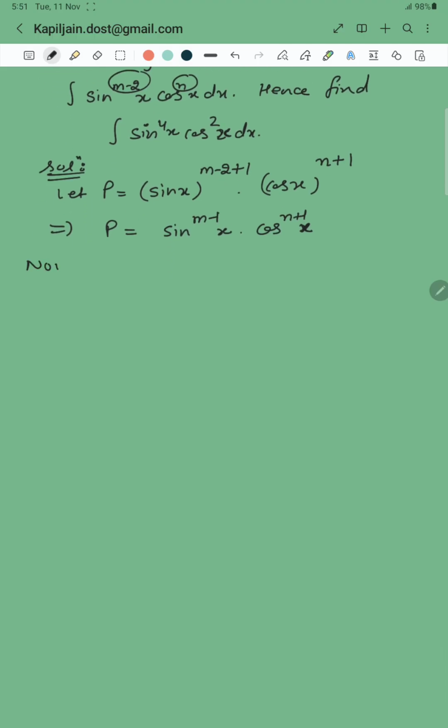Now we find dp by dx. So there are two terms. We use product rule.